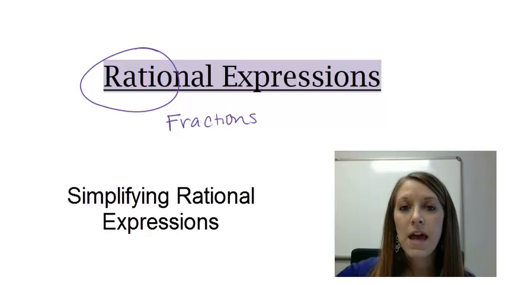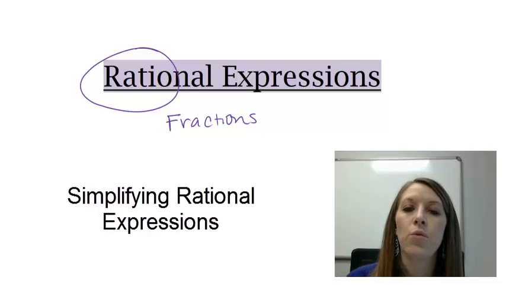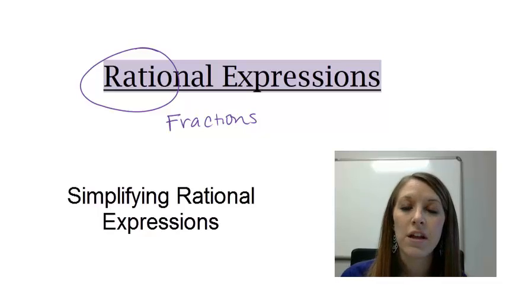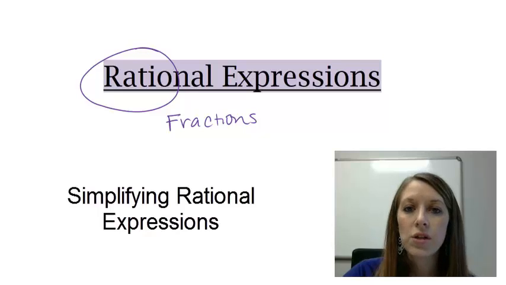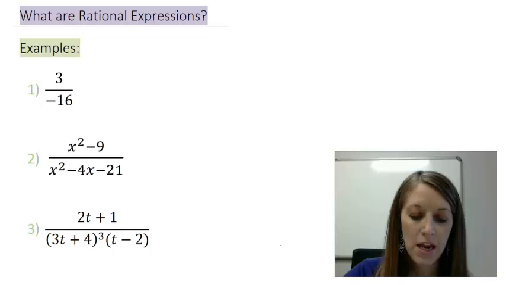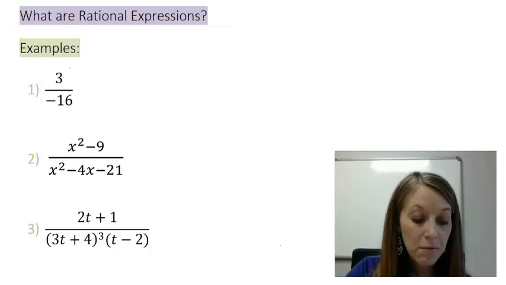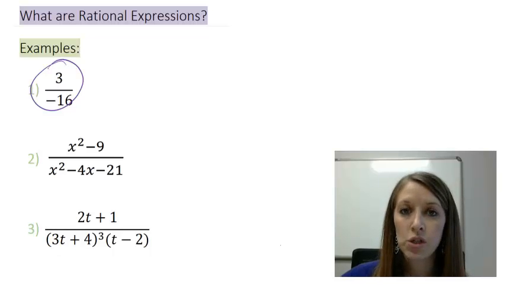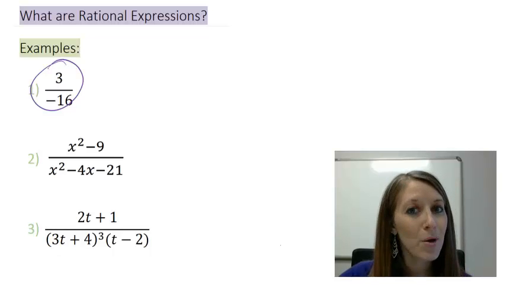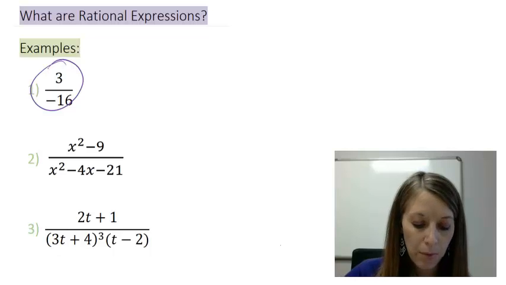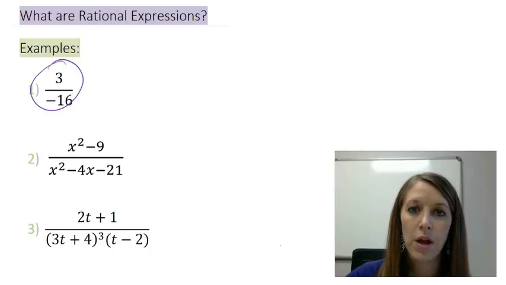But not just basic elementary school type of fractions that we saw in the very first set of videos. Here, rational expressions are a more difficult type of fractions, and I have 3 examples listed here. Now, they can be as simple as your elementary school fractions, but most likely they're going to be more complicated, like examples 2 and 3.